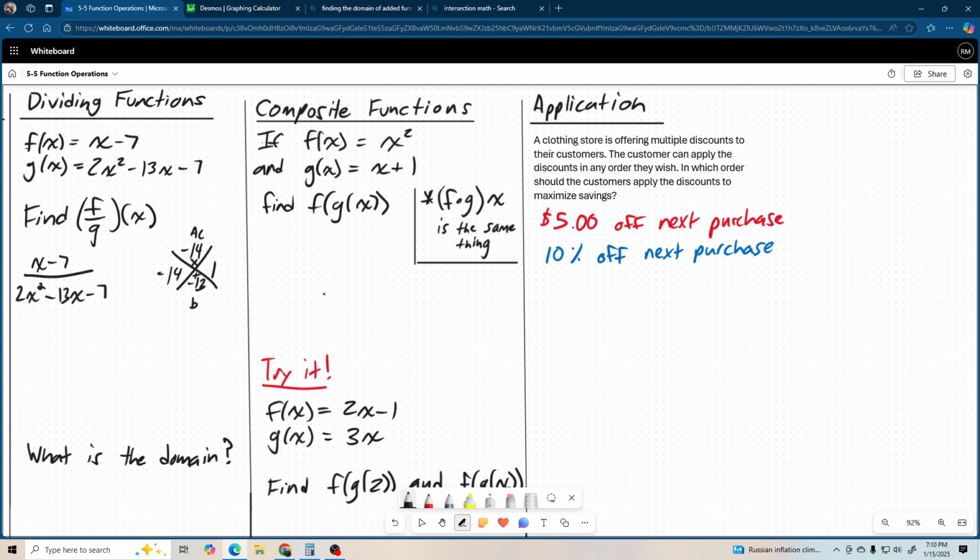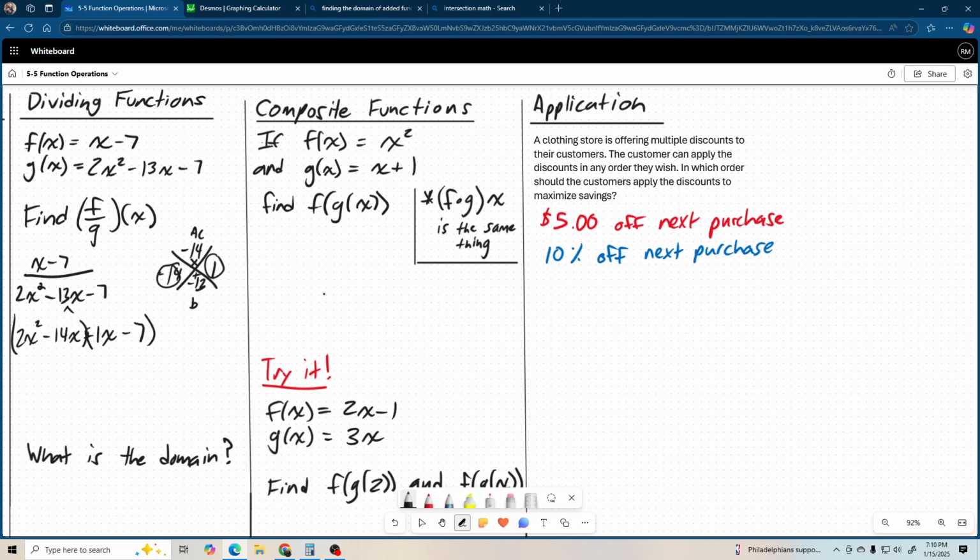Now we have to break this apart. The negative 13 is going to split up. So this becomes 2x squared minus 14x plus 1x minus 7. This is where the 14 and the 1 come into play. Now we're going to factor by grouping, combining those and those. If you didn't remember this trick, that's why we're redoing it.